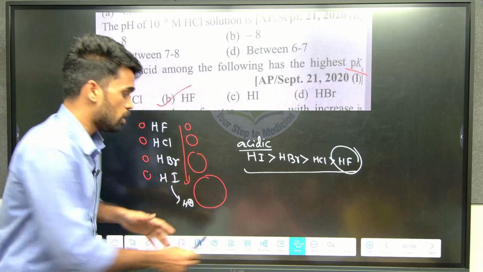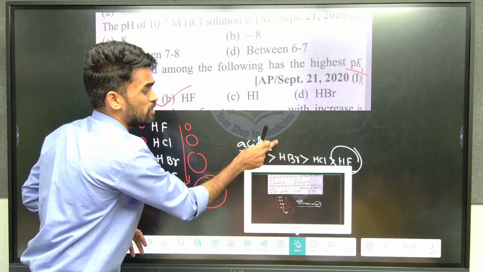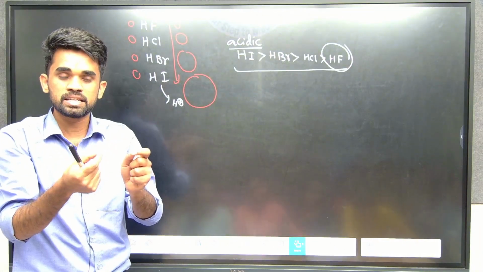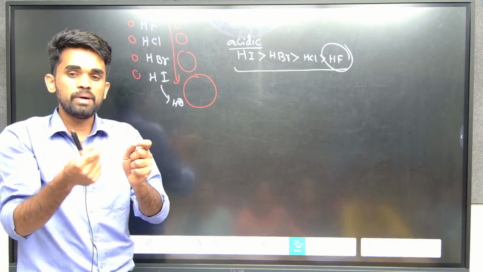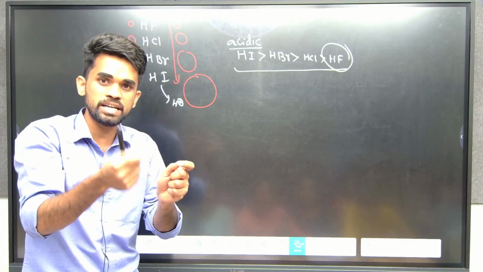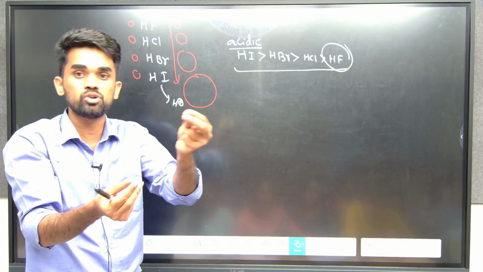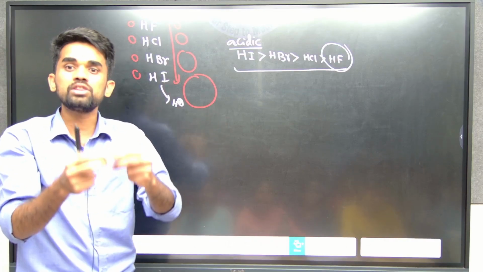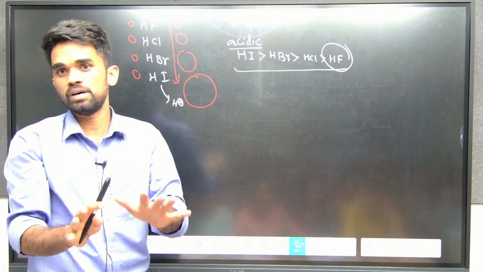Okay, so now what do we mean by buffer solution? Tell me. The solutions which resist change in pH by addition of small amounts of acids or by addition of small amounts of bases or upon dilution, we can call those solutions as buffer solutions.